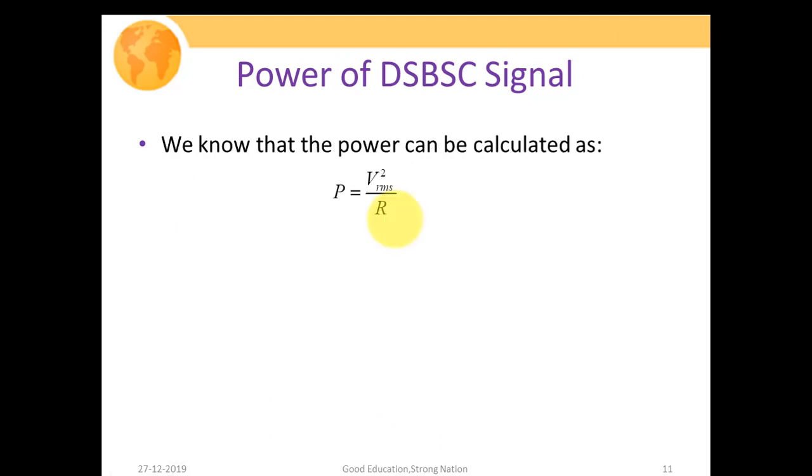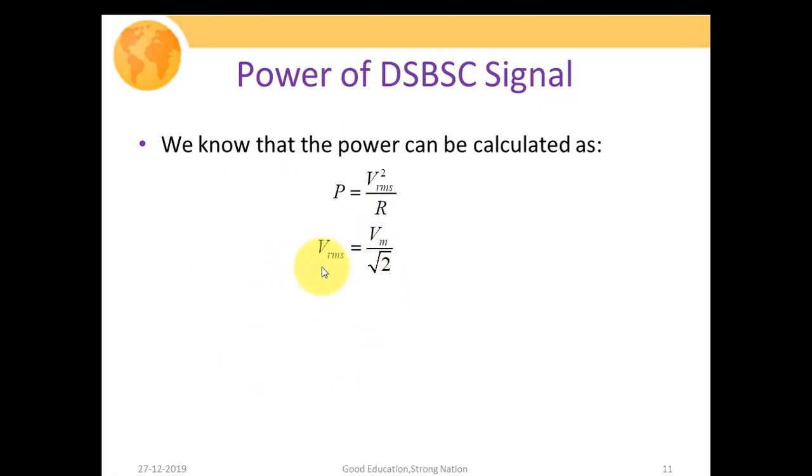We know that the electrical power can be calculated as the root mean square value of the voltage squared, divided by the resistor R, where the root mean square value is calculated as Vm by root 2, where Vm is the maximum value of our voltage signal. Here one thing I need to mention is that we are assuming that our message signal is varying sinusoidally or cosinusoidally.